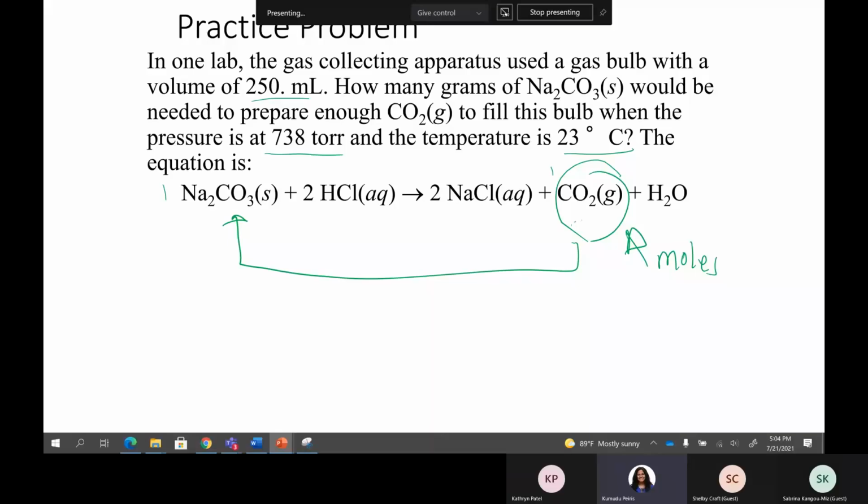You will be able to find the moles of carbon dioxide using the PV equals nRT equation. n equals PV over RT. You have the volume, the pressure, and the temperature. Using the gas constant, you will be able to find n. That's how you will find the mass of the sodium carbonate.